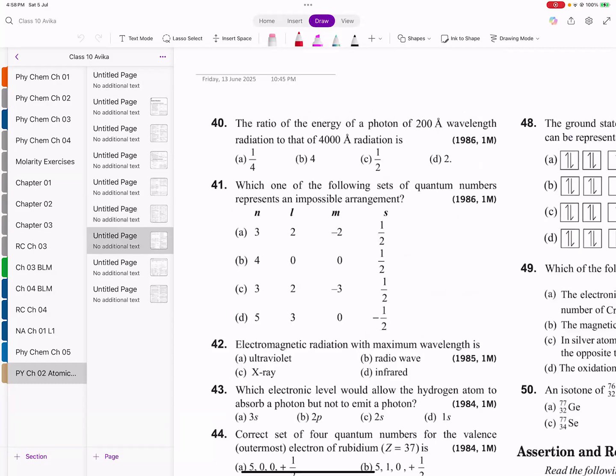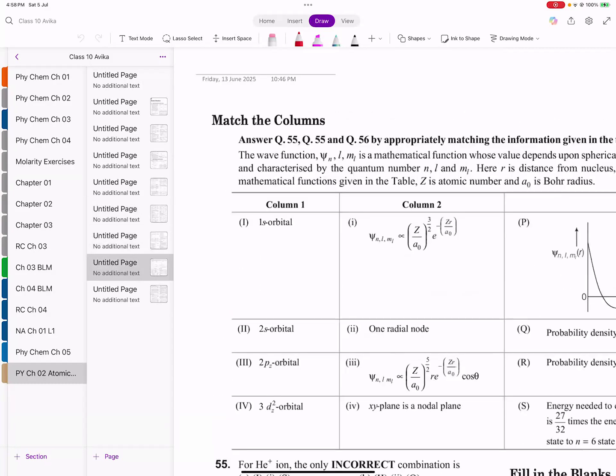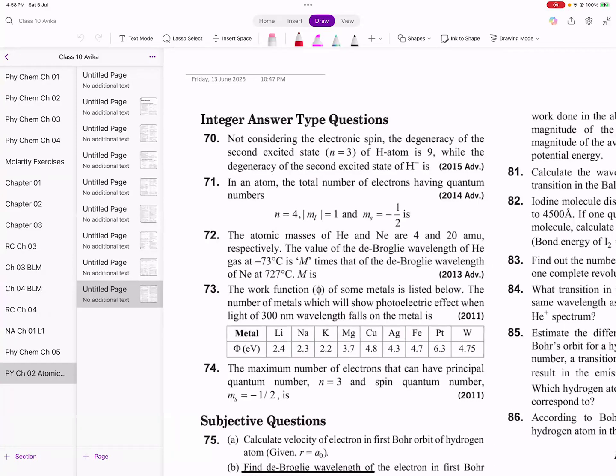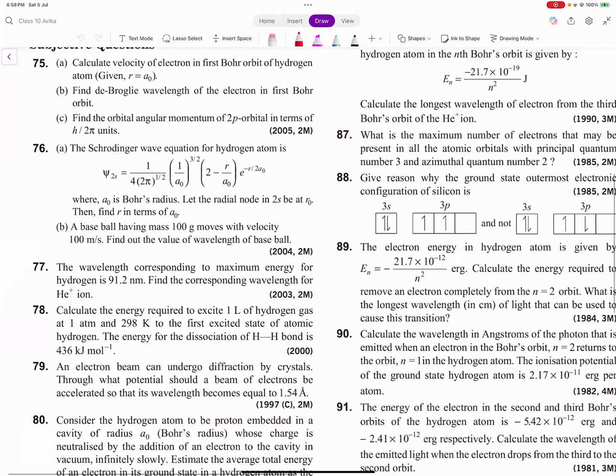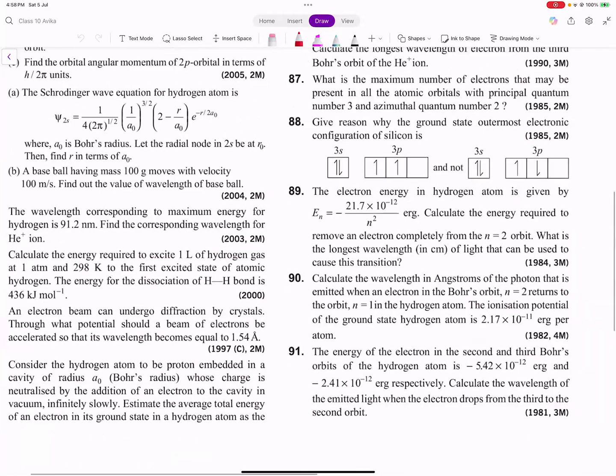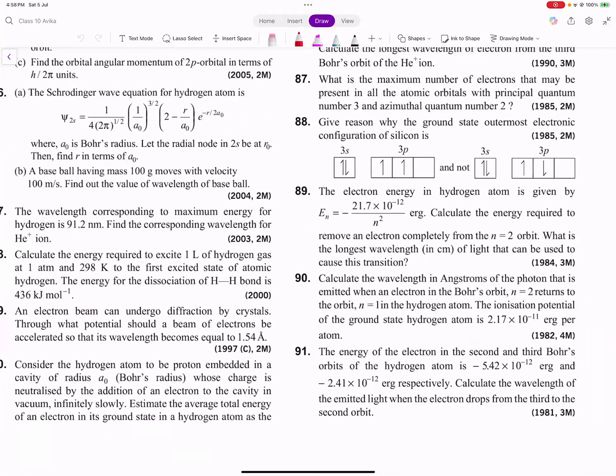Now let us do some questions. These are some questions. So let's start with 91. And again, you don't have to do by this method.